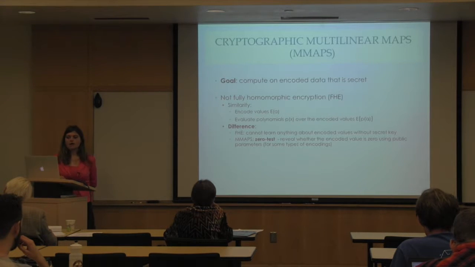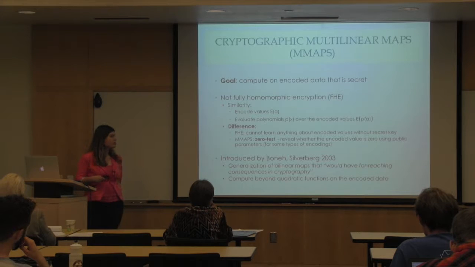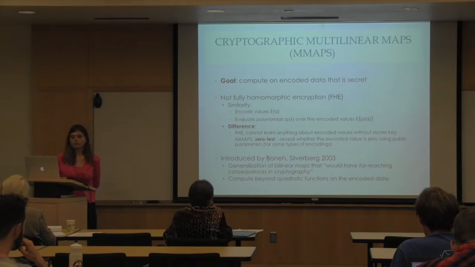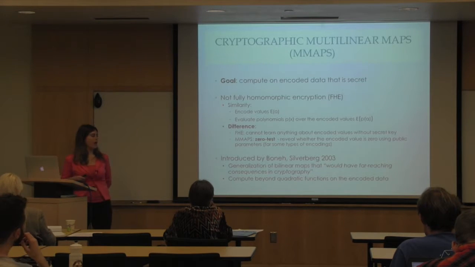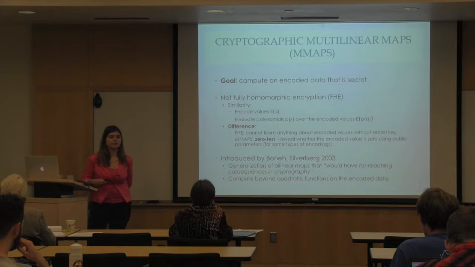So the notion of cryptographic multilinear maps was introduced by Boneh and Silverberg in 2003, and their goal was to obtain a generalization of bilinear maps. And they predicted that this utility could have far-reaching consequences.